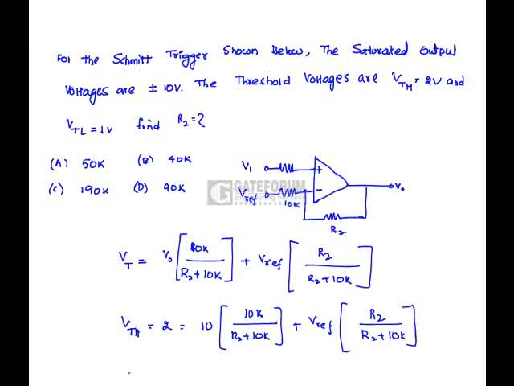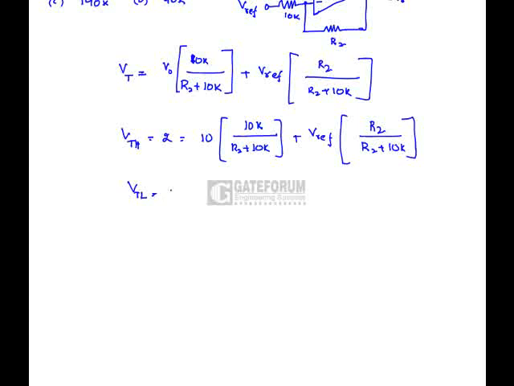So write the equation for the lower threshold voltage, which is 1 volt. This happens when the output saturated voltage is minus 10, plus V reference times R2 divided by R2 plus 10k.